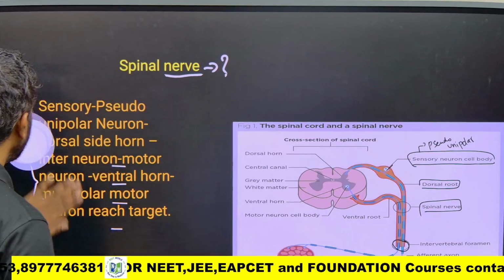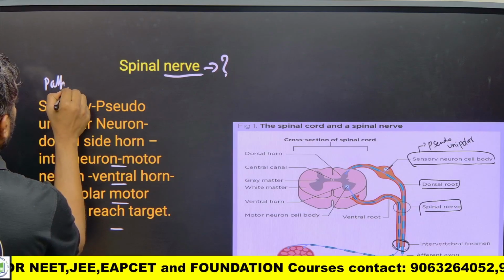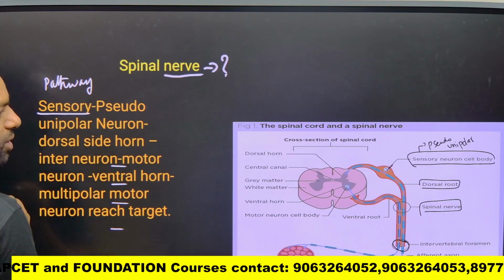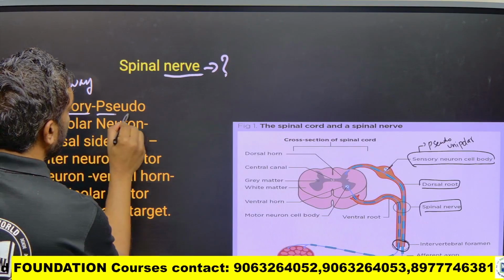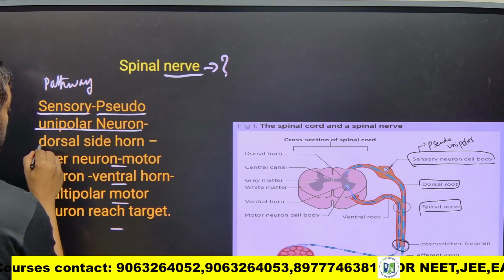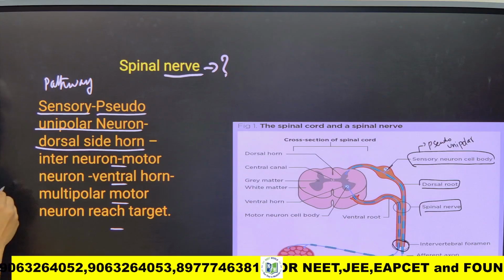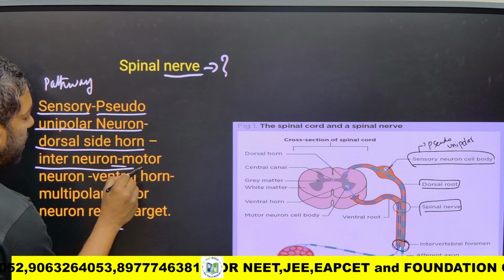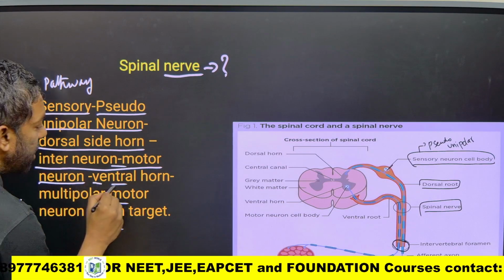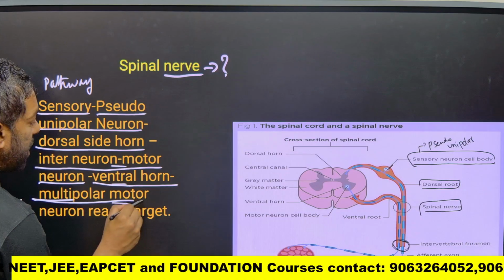First, sensory neurons give the signal through the pseudo-unipolar neuron. The pseudo-unipolar neuron always goes through the dorsal part of the spinal cord. There is an interneuron. After that, it analyzes and gives the signal to the motor neuron, in the ventral part of the spinal cord, which is a multipolar neuron.